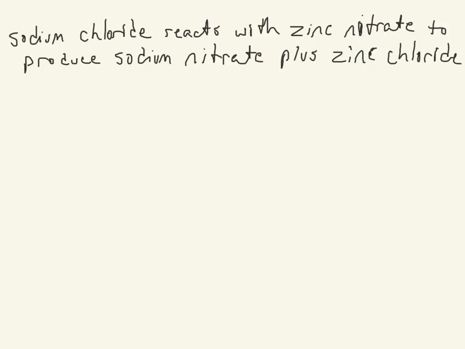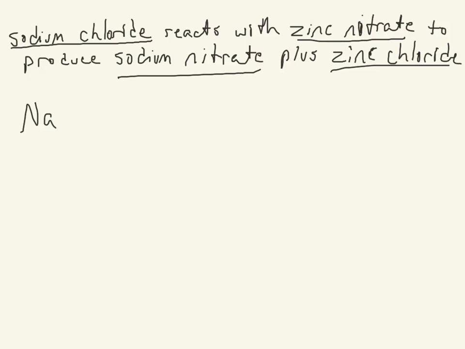If we go through, we have sodium chloride, zinc nitrate, sodium nitrate, and zinc chloride. With the first one, sodium chloride, we have Na, which is sodium, and we know that sodium has a 1 plus charge.